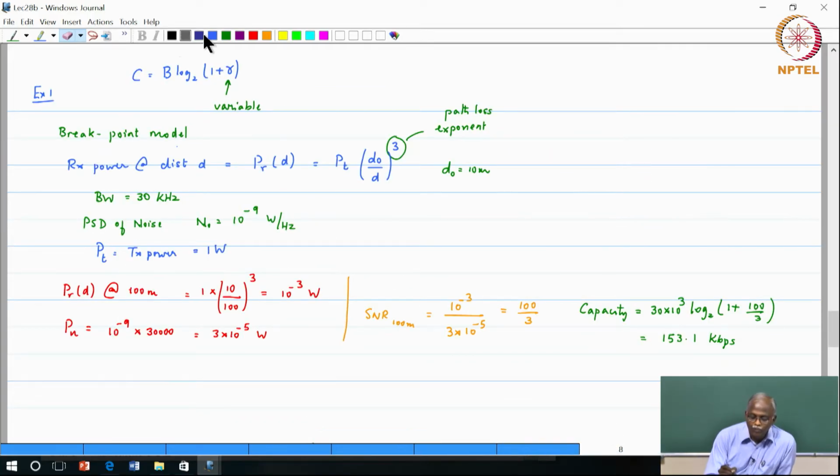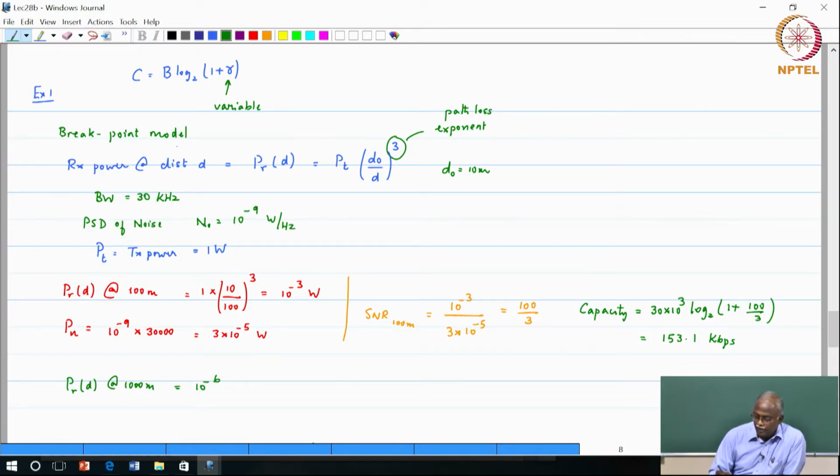Now, one more data point which I would like you to do is what is the capacity at a distance of 1 kilometer. So, the first thing that you would do is PR of d at 1 kilometer, which would be 1000 meters. So, this would come out to be 10 power minus 6.